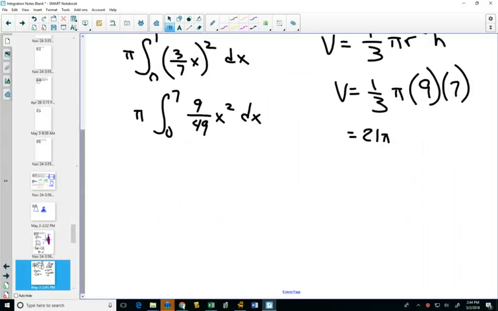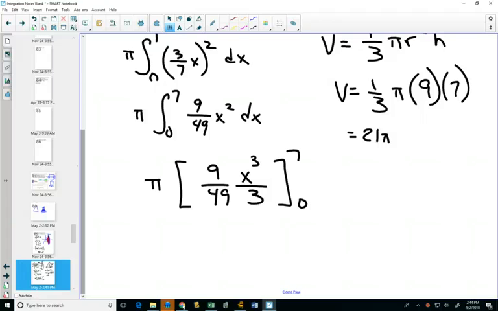We're going to add 1 to the exponent and divide. Just cancel that. From 0 to 7. Sure enough, these would simplify to be 3, right? What happens when I plug in 7?